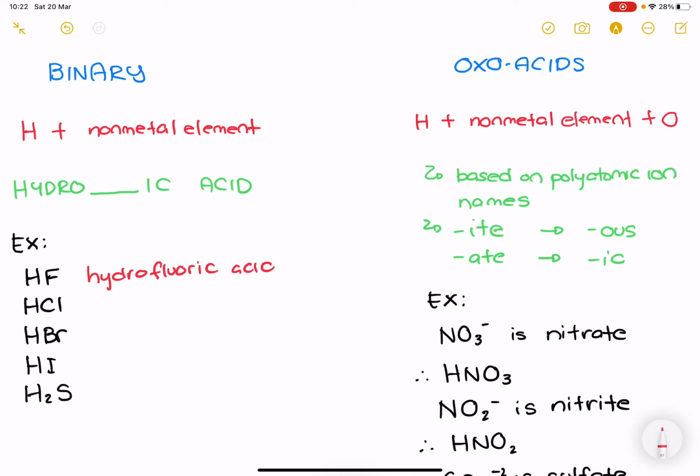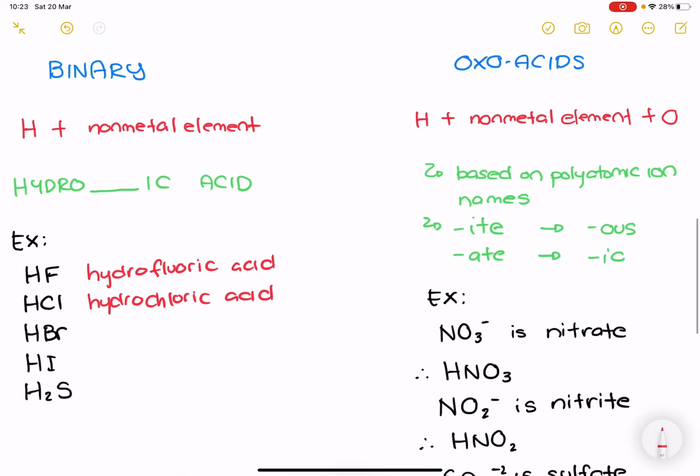Hydro, root, IC, space acid. The next one is HCl. We call it hydrochloric acid.